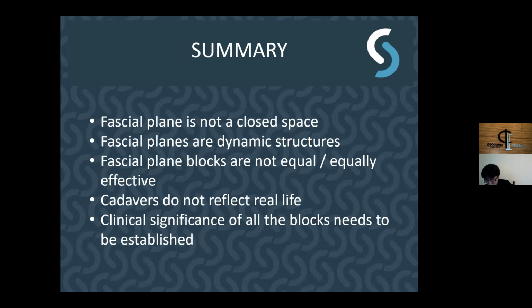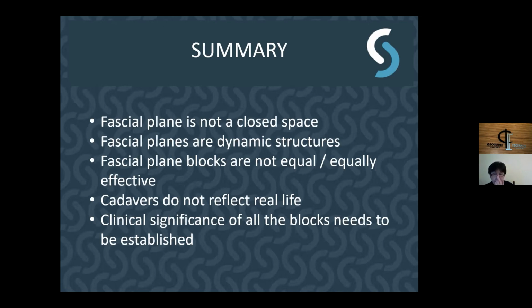Fascial planes are not all equal, and they're not all equally effective. Though the retrolaminar space and your space for erector spinae is exactly the same fascial layer, the effectiveness is decreased with your retrolaminar. So not all fascial planes are created equal.